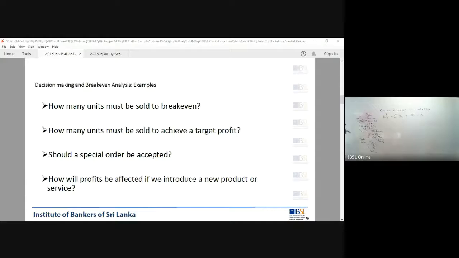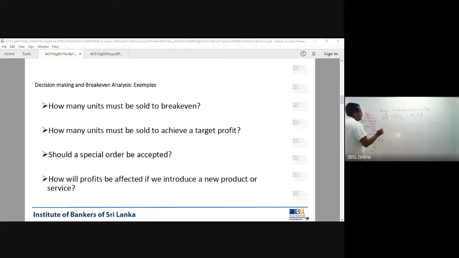Okay. We are assuming two things. Price does not change, it remains the same. And whatever you produce equals sold. Whatever you produce, you sell it. Right? We are assuming these two items at the moment.